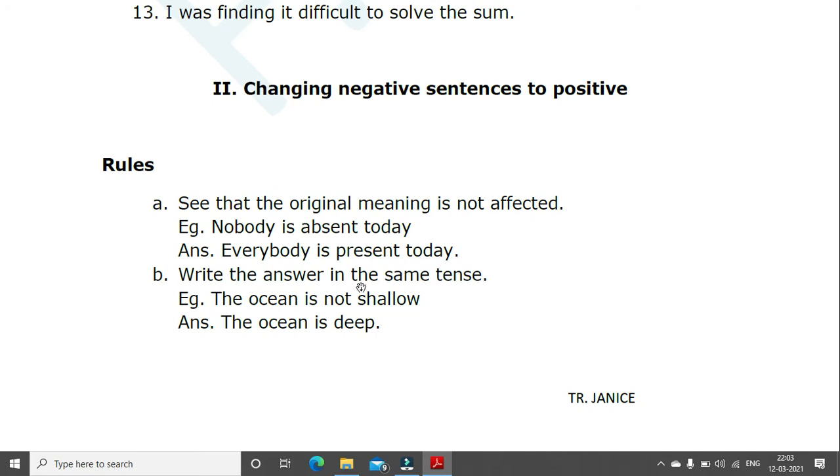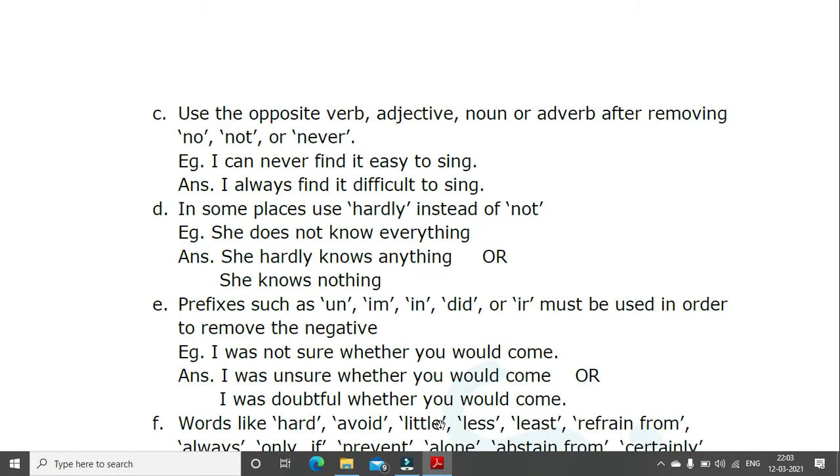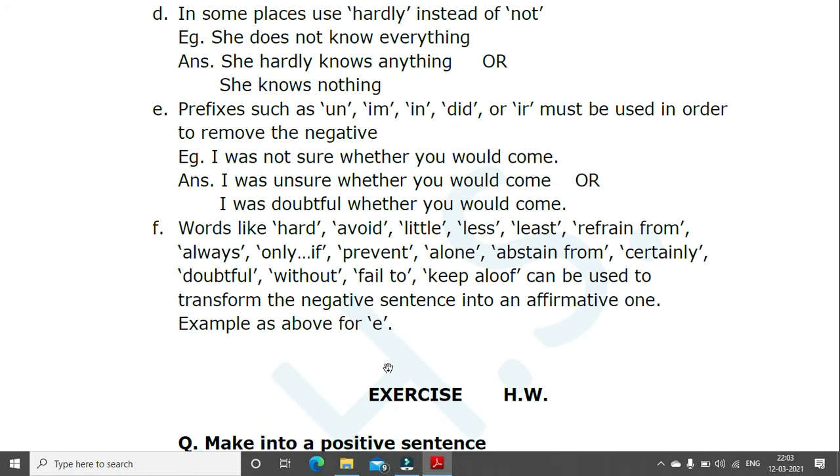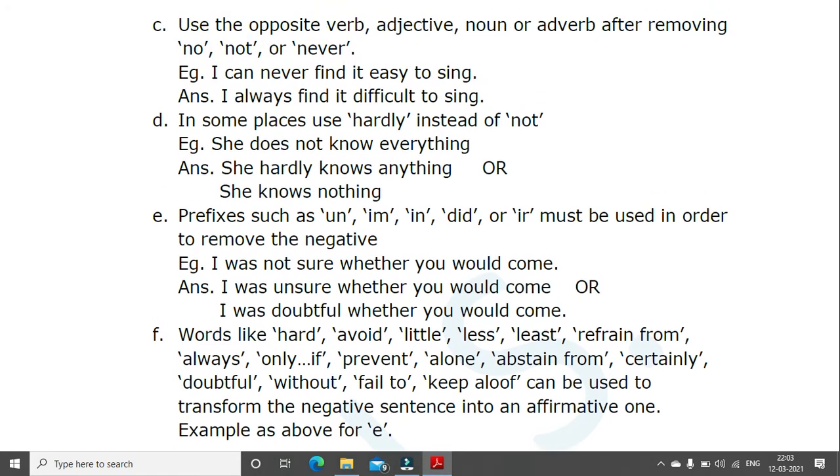Write the answer in the same tense. The ocean is not shallow. Opposite of shallow, deep. And this negative word also you will remove. So the ocean is deep. Use the opposite verb, adjective, noun or adverb after removing no, not or never.